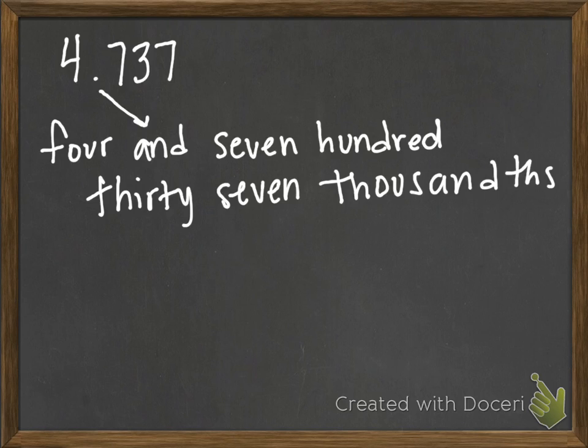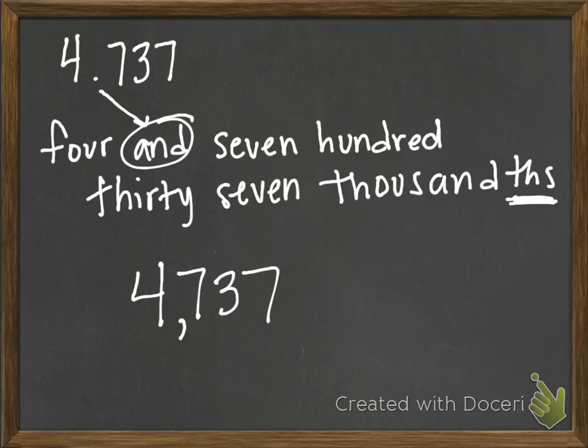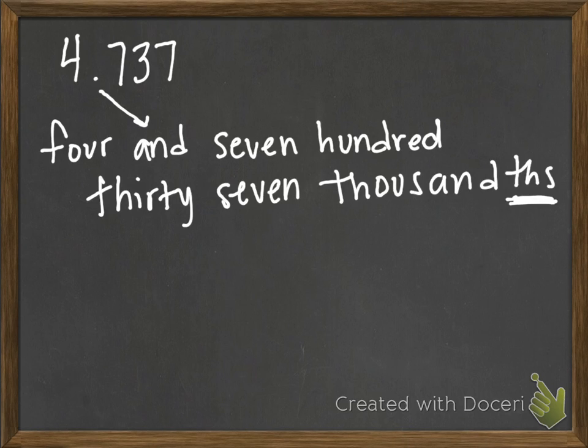Now, if you don't write the THS, the thousandths, I could mistake you for 4 and 737, which would be incorrect because the and means decimal, but the thousandths tell you that we will have a decimal, or it will be behind the decimal. There will be numbers behind the decimal.